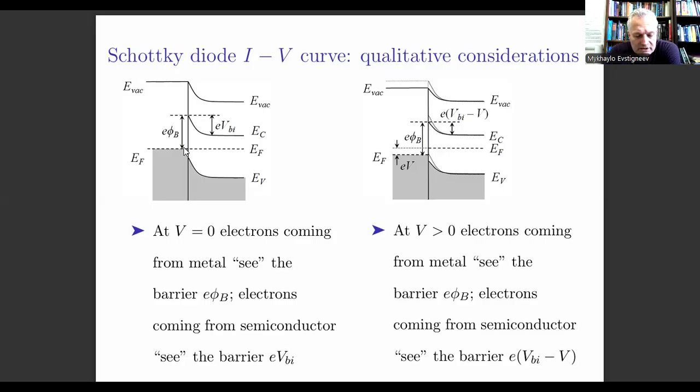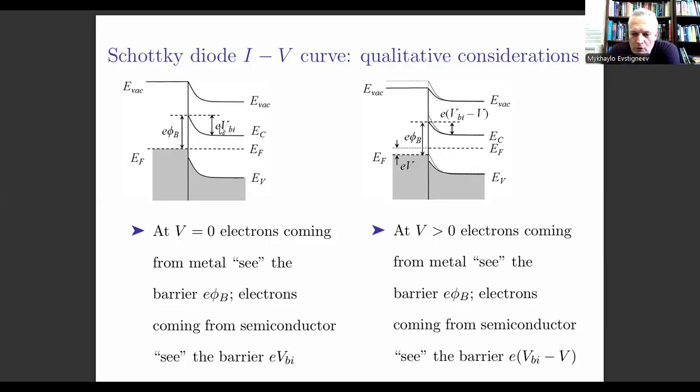Whereas for electrons that try to make it from metal into the semiconductor, the energy barrier is a little bit higher, the Schottky barrier. So the typical height of the Schottky barrier is a few tenths, so 0.5, let's say, or 0.6 or 0.8 electron volts, whereas the built-in voltage is maybe 0.2 electron volts or something like that.